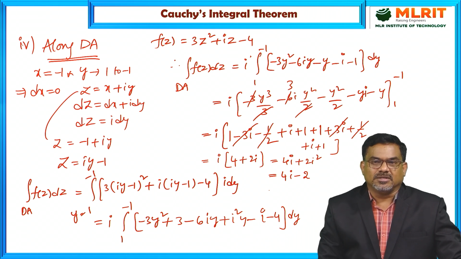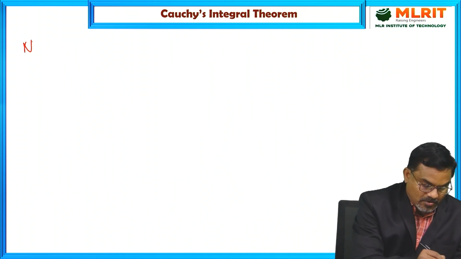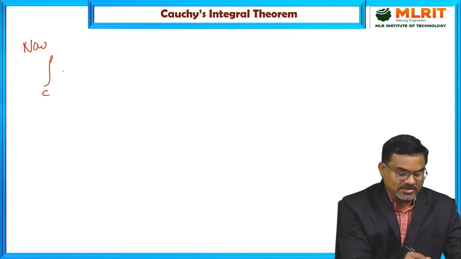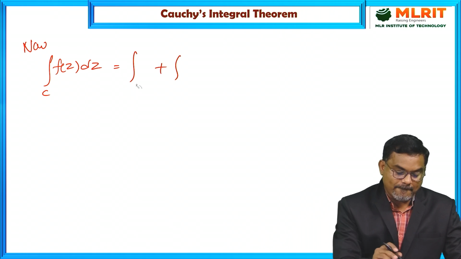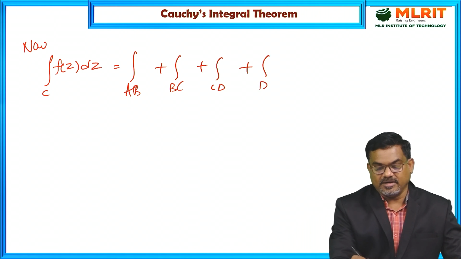So hence we have evaluated the line integral along each side of the square. Now the line integral along the square, that means along the given curve, will be calculated by adding all these 4 line integrals. So the line integral along C of f(z) dz is equal to along OA, along AB, along BC, along CD, along DA.